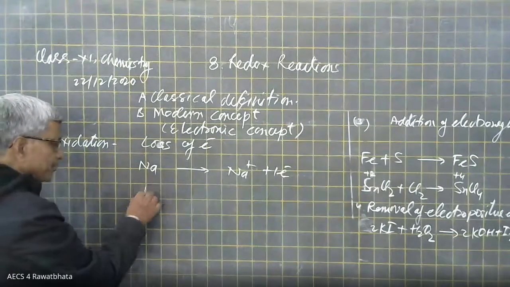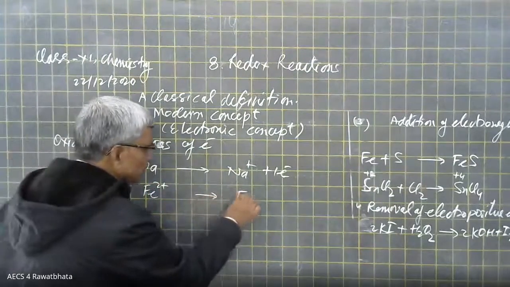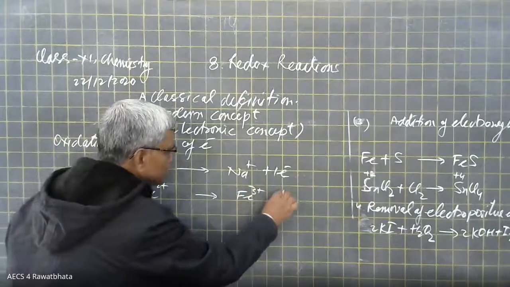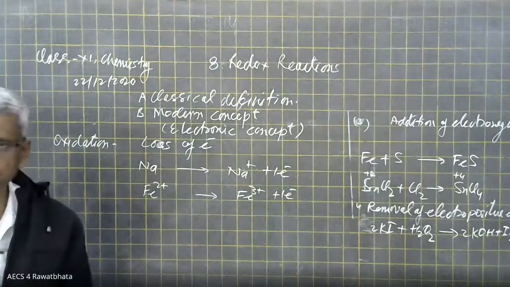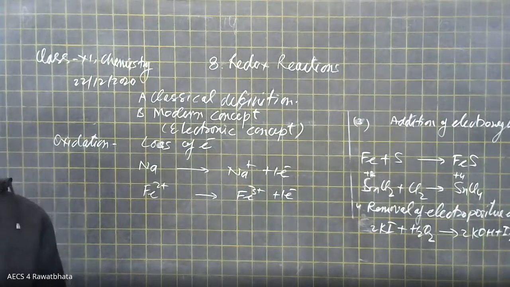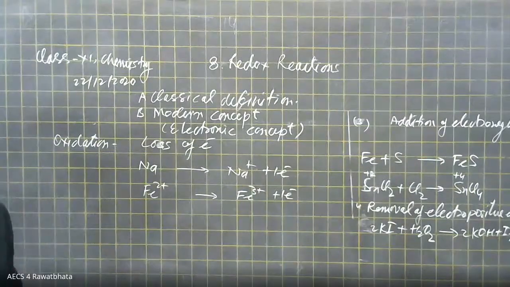And here, Fe2+ is going to change into Fe3+ plus 1 electron. See that? Ferrous ion gets oxidized into ferric ion, losing an electron. That's why it is an oxidation reaction.